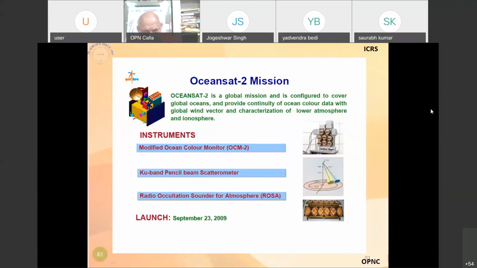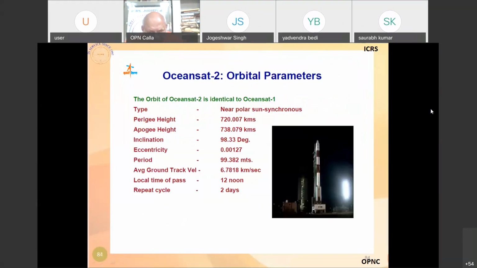Then there are also two instruments, one is the scatterometer. Using this one, we will try to find out the sea surface winds. This is a 13 gigahertz scatterometer, in a near polar sun-synchronous orbit.